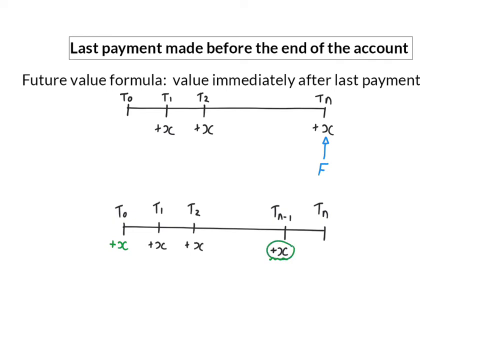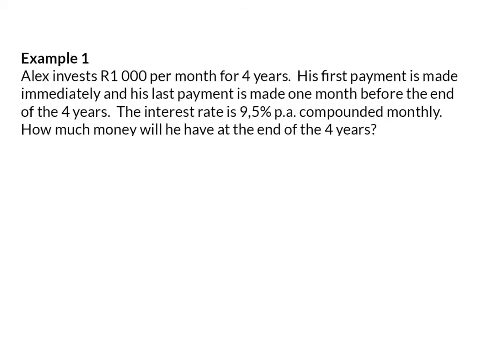And at the end of the last period, no extra payment will be made. The future value formula will then give you the value of the account right after your final payment, and this value will then earn interest for the last period without any extra payments being made.